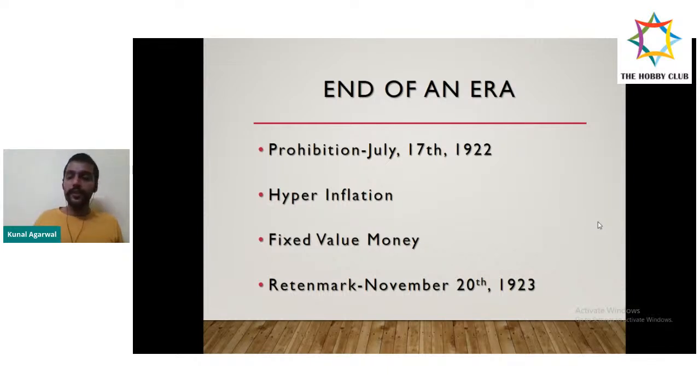The Notgelds were ditched, but unfortunately, this didn't last for a long time, and eventually, things happened, and it led to World War II in 1939. And by that time, Notgelds started again. So I will limit myself to this, and this is where the end of Notgelds for my collection comes.